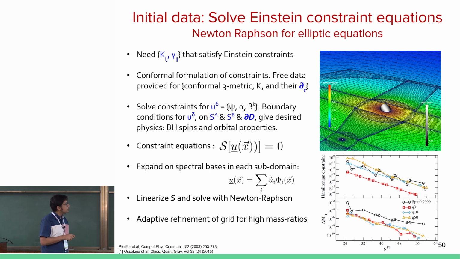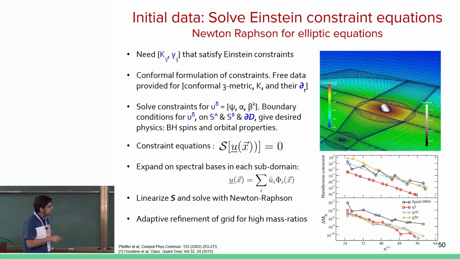So the choice that historically came about first and proved to be quite good was the conformal thin sandwich formulation, in which the metric is expressed in the form of a conformal 3-metric, the conformal factor, the extrinsic curvature, and so on. Free data was provided for these variables, whereas the constraint equations were solved for the following variables, which include lapse, shift and the conformal factor.